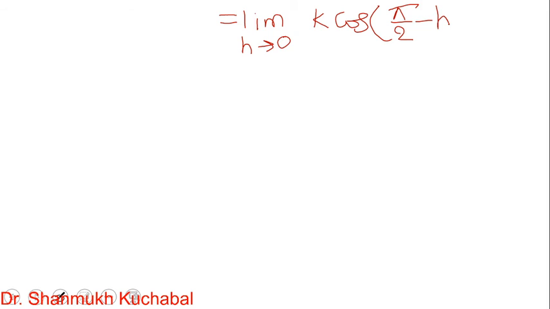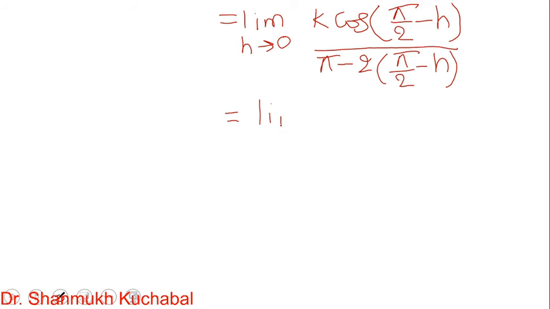So we get limit h tending to 0, h is the variable, of k times cos of pi by 2 minus h divided by pi minus 2 times pi by 2 minus h. Further we have to simplify this.